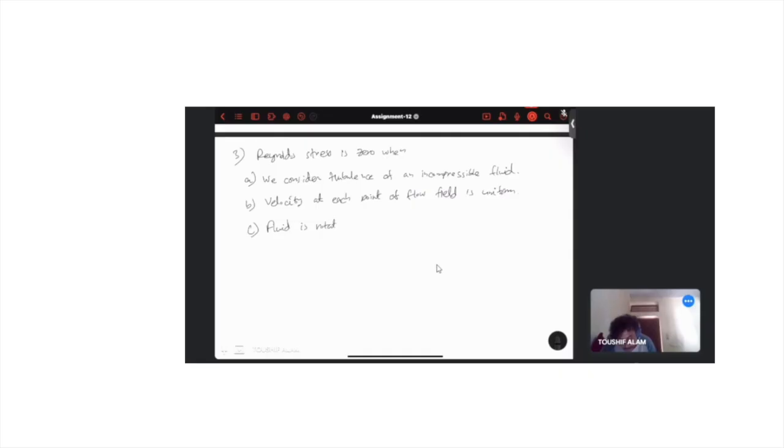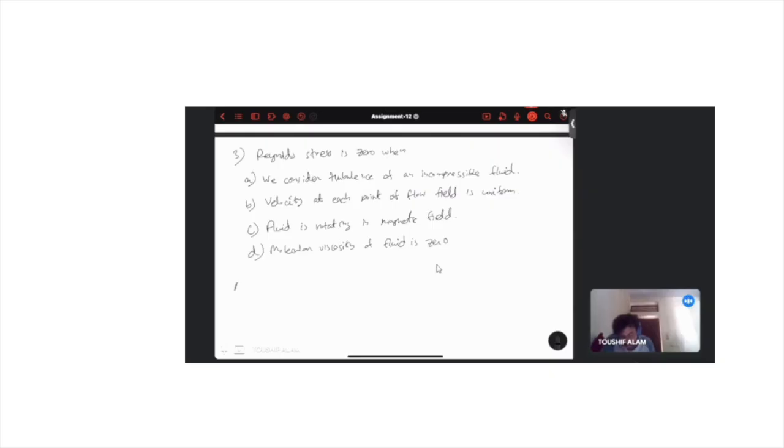Fluid is rotating in magnetic field and the molecular viscosity of fluid is 0. Okay.